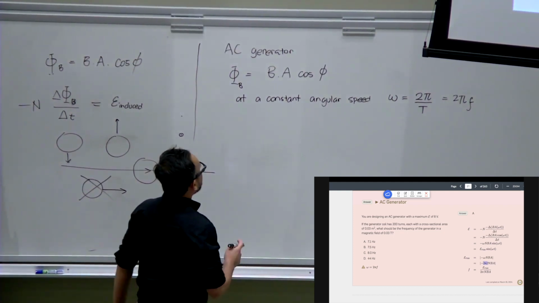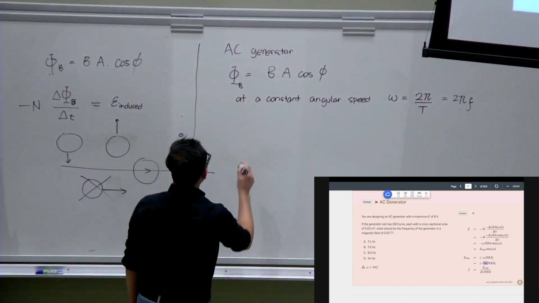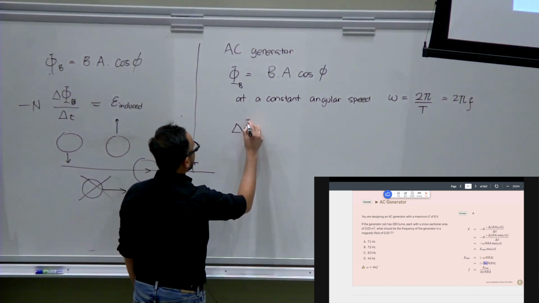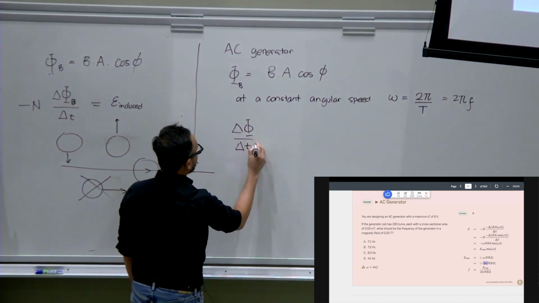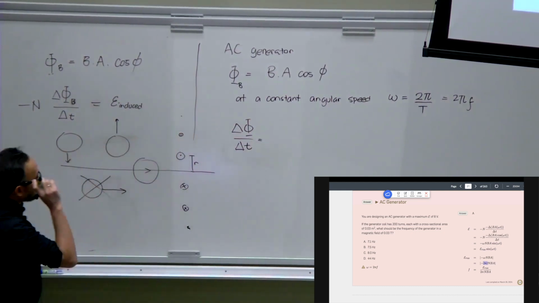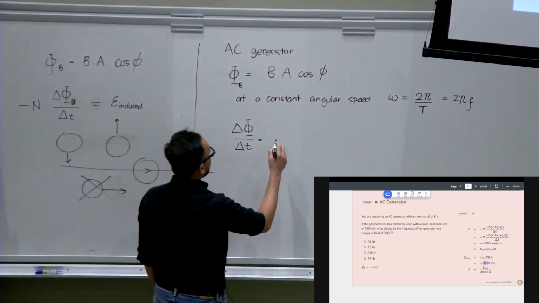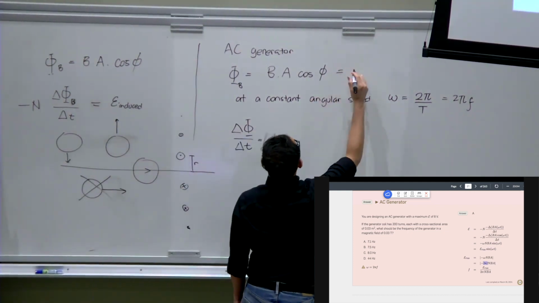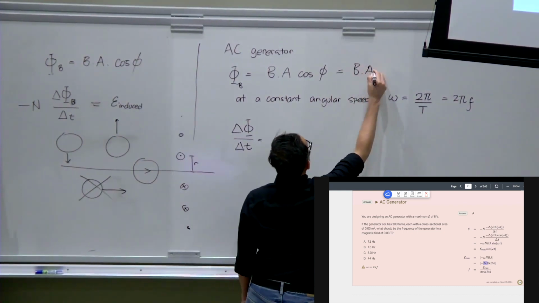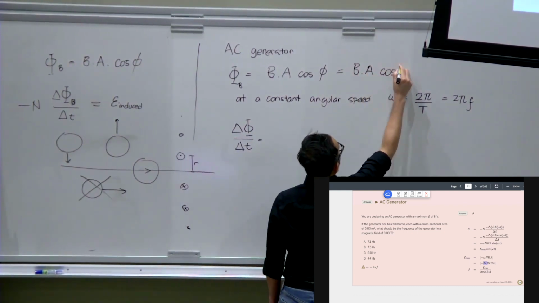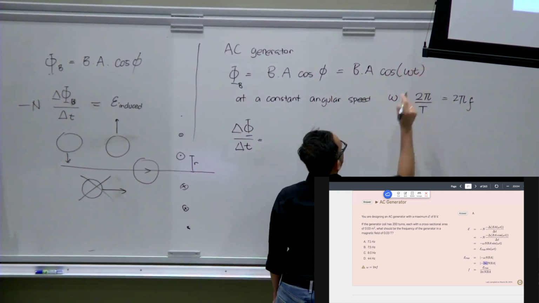All right. And then the change of flux divided by time. It turns out that you can do the derivation, but to save time, the flux is B times A times cosine omega t.